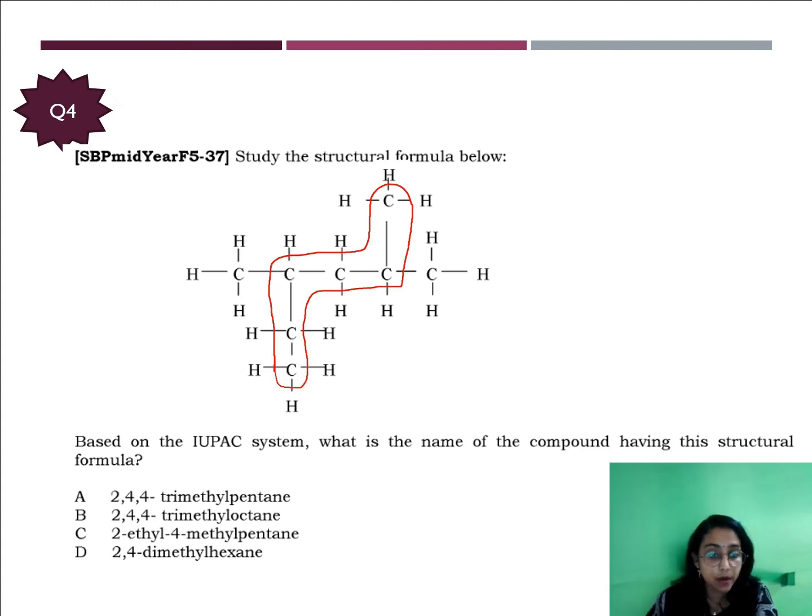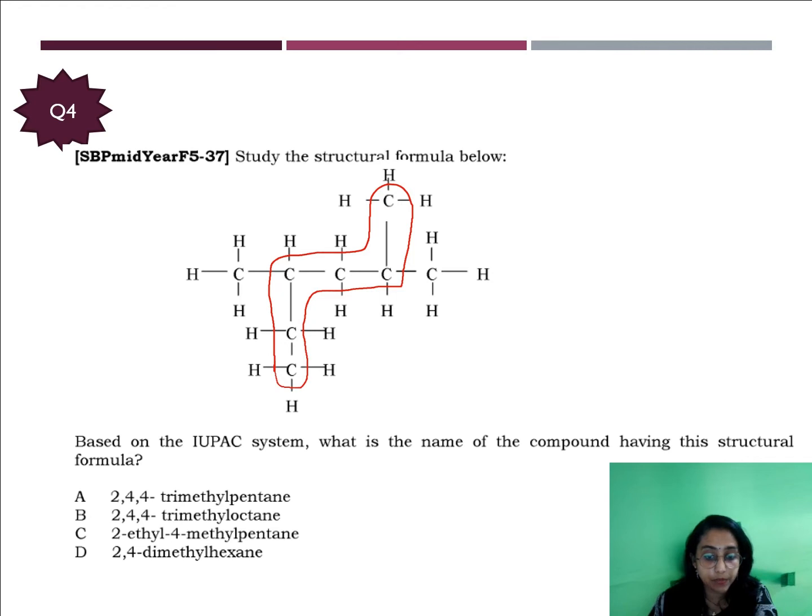Once you find the longest carbon chain, then you have to do numbering for each carbon in the longest carbon chain. Right now this is an alkane for sure, we know because all are single bonds, right? When it comes to alkane families, we do the numbering based on any attached group on the compound.